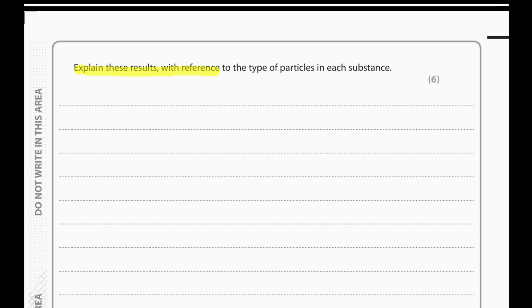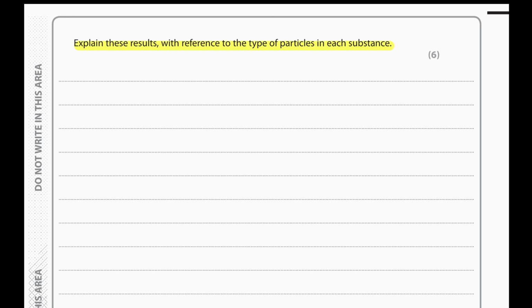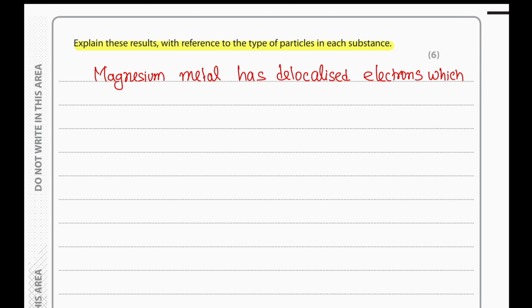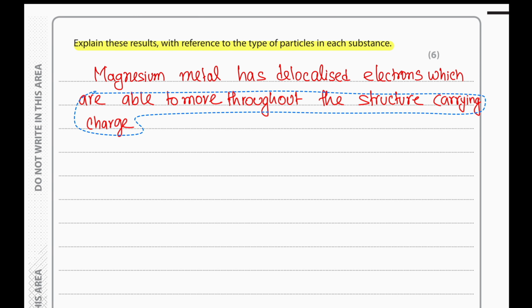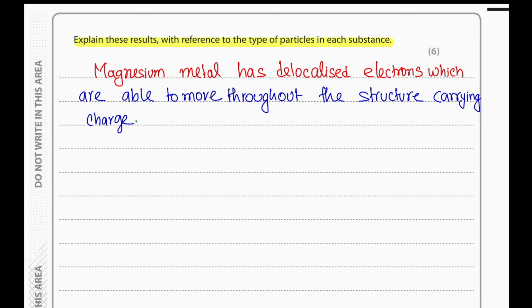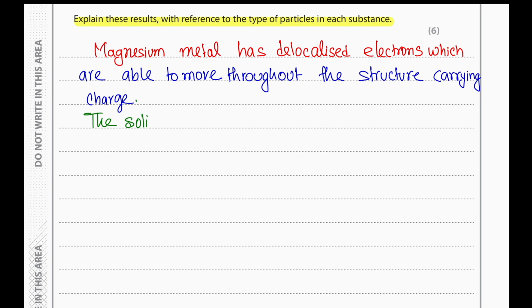Explain these results with reference to the type of particles in each substance. In the metal, the magnesium, we will say that there are delocalized electrons which are able to move throughout the structure. Basically, we'll just give the definition for metallic bonding, which will give us the mark. And for magnesium chloride, which is solid, we will say that the positive ions and the negative ions are fixed in position.